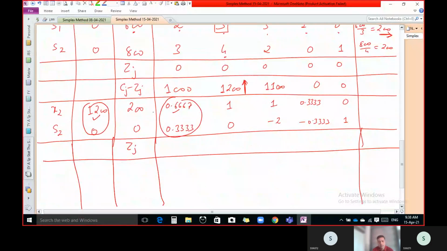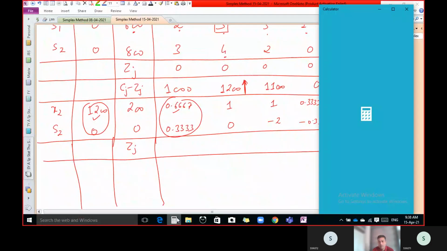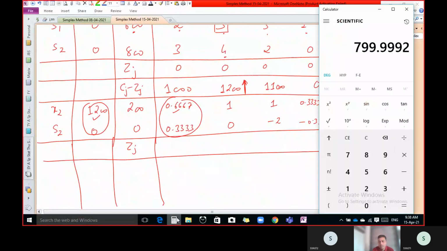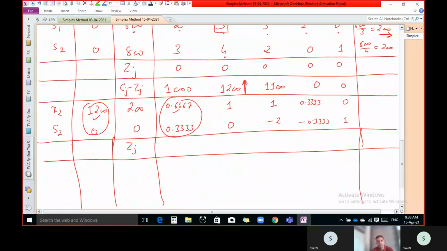Do the calculation. 1200 into 0.66666. So we get 800. This is almost like 800. 1200 into this, that is 800, and 0 into this, that is 0, and the total of that is 800. So you have to write here 800.